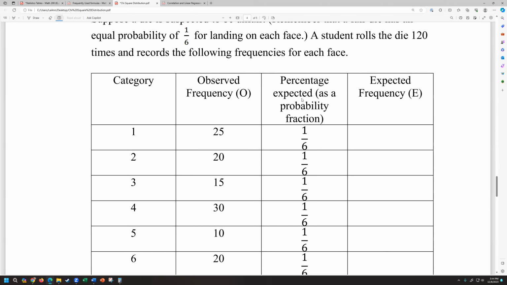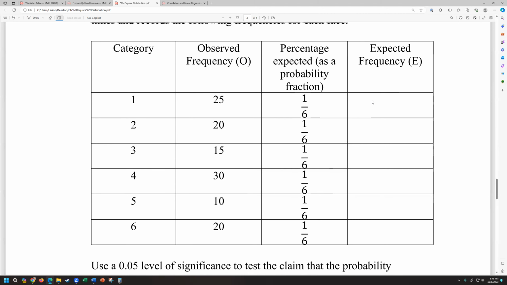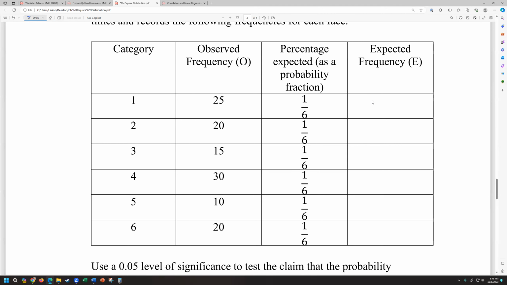This is the previous distribution information, how we expect this to come out, which was I'd expect 1/6 or about 16.7%, which we don't want to use because if you round the percent, it doesn't quite add up to 100% anymore. So I'm just keeping it in fraction form. So the expected frequency should be the same for every single one. We actually rolled 120 for our N. This is 120 times.